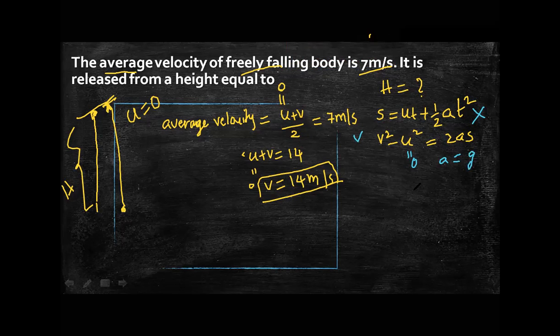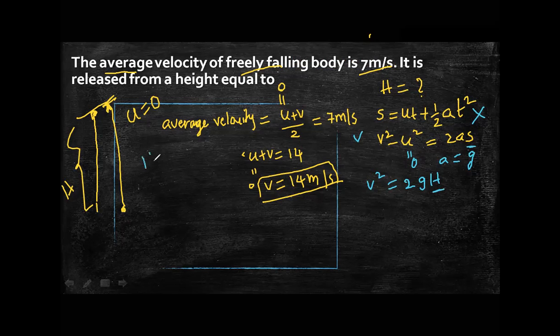For freely falling bodies, a is equal to g. So from here, v square is equal to 2g, and s I can write as height, h.